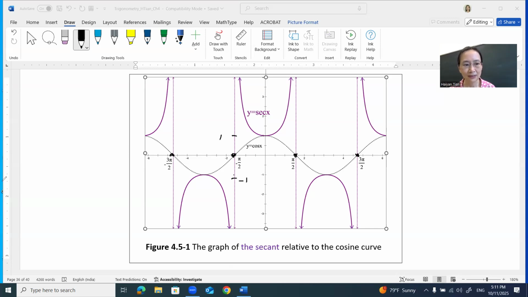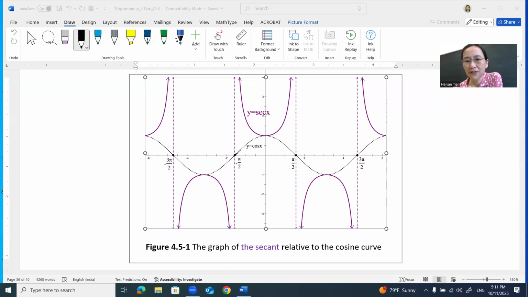of x-intercepts. But whenever cosine is 0, secant is undefined, so that's why we have those vertical lines, to make sure that we have no secant value at each one of those zeros of cosine.